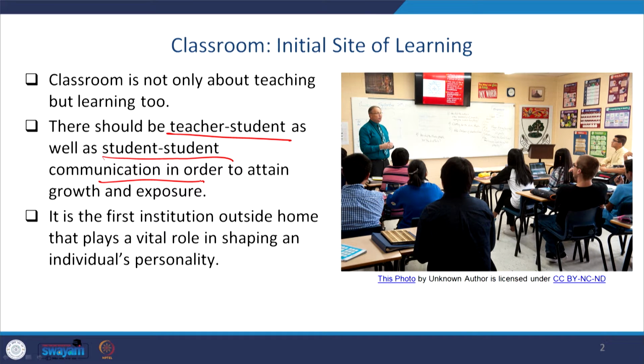So, any alma mater for that matter is the first institution apart from home, and it plays a very significant role in shaping an individual's personality. And when I say personality, you might be reminded of the qualities that we discussed in the lecture on personality: mannerisms, the way of dressing, the way of speaking, realizing your own goals, duties, being ethical.